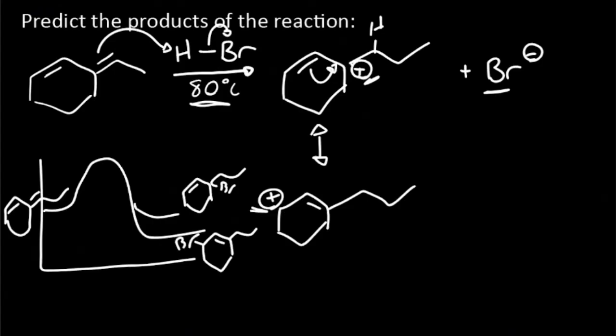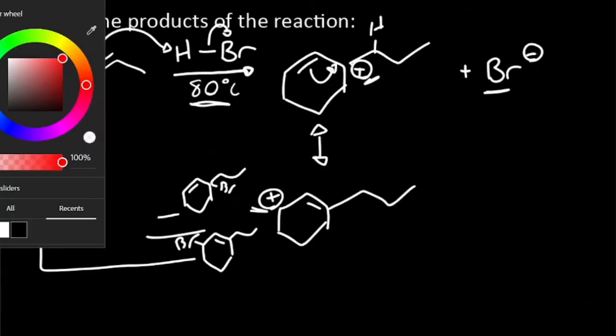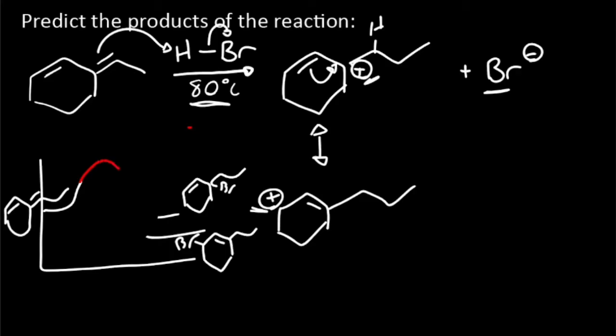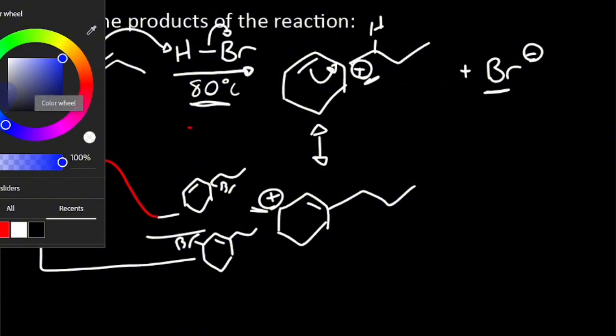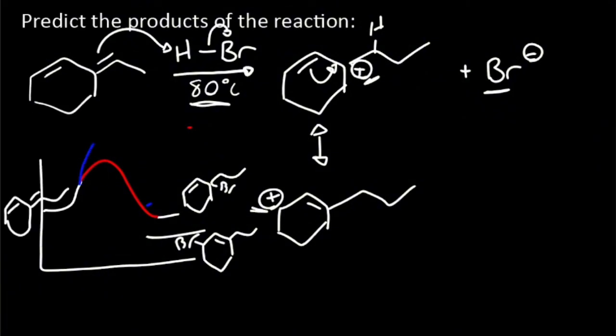If you notice, this resonance form right here applies to this, and this applies to that. So the idea is we have two routes we could go in this energy diagram. We can either go on the kinetic side, where it takes less energy to get here, or we can go on the thermodynamic side, where we take a little bit more energy, but we actually come out with a more stable product. So when we're at higher temperatures, we're going to tend to go with the more thermodynamically stable product, even if it takes a higher activation energy to do so.